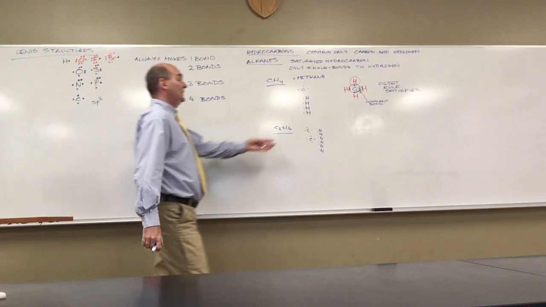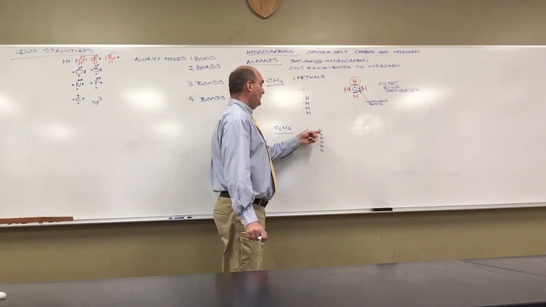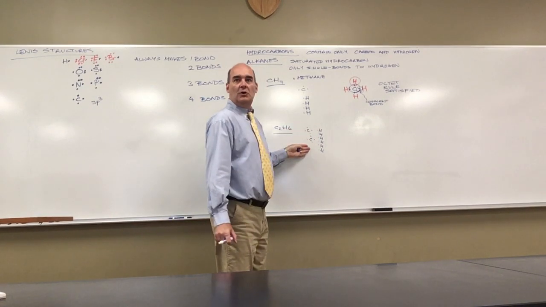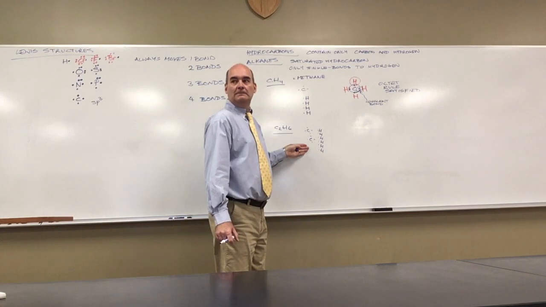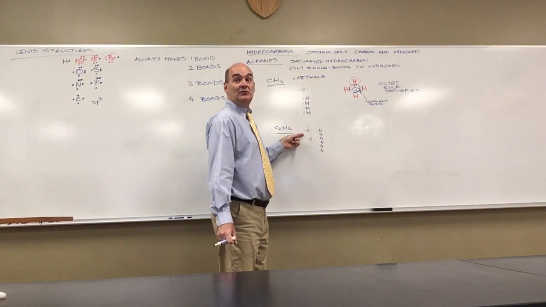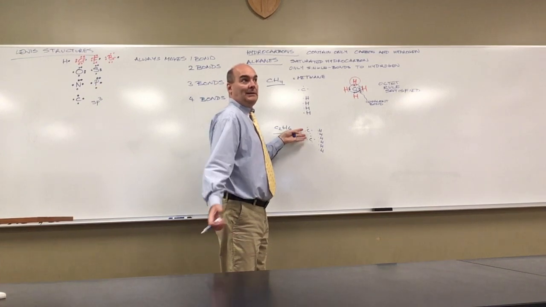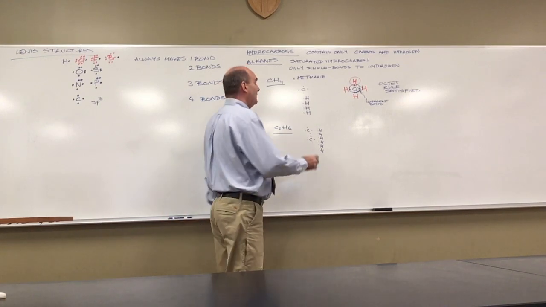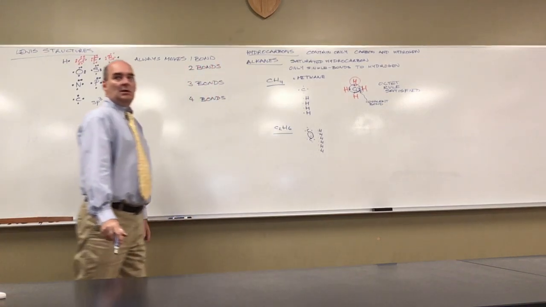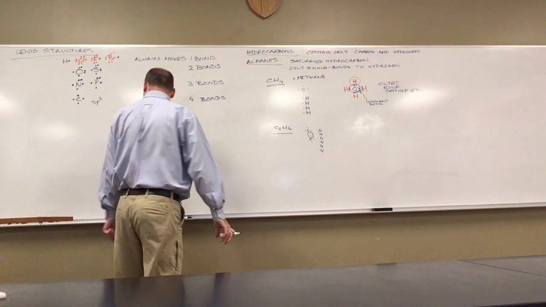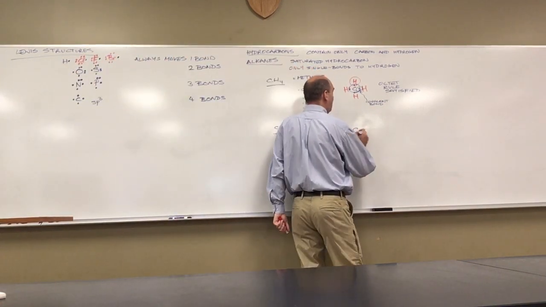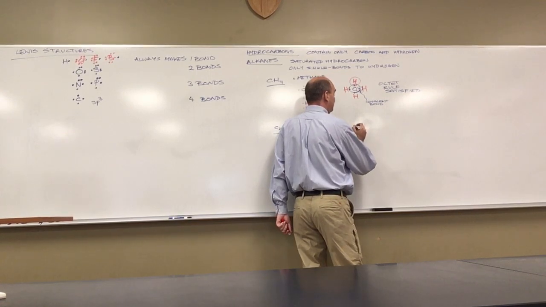I've got 6 hydrogens, and if you fill the first carbon with hydrogen, then there's nowhere for the second hydrogen to go, because the hydrogens can only make 1 bond at a time. And if you bond them to this carbon, then that carbon can't go anywhere else. That tells me those 2 carbons are stuck together. We have colored pens. So here is carbon number 1.